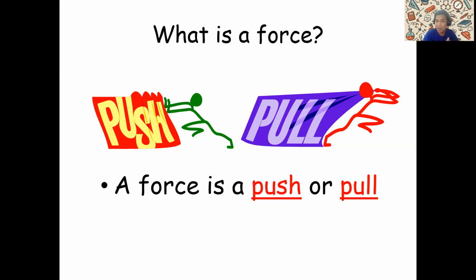A push is when you move something away from you, away from the body. Or a pull. What is a pull? A pull is when you bring something closer to you or to your body. That is a force, a push or a pull.